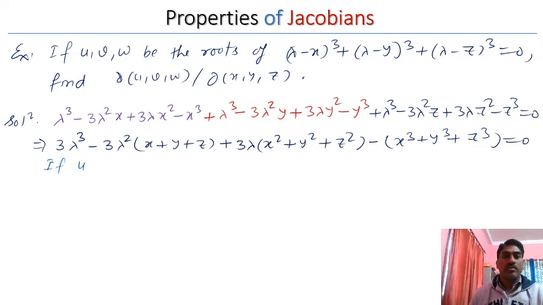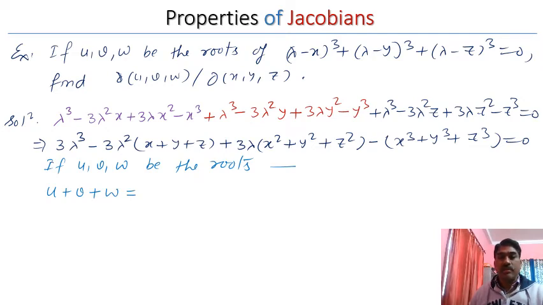If u, v, w be the roots of this equation, then you know the sum of roots u plus v plus w will become. So before writing this, let me revise. Remember that if ax cube plus bx square plus cx plus d is equal to 0, then the sum of roots is minus b by a, the sum of pairwise products of roots is c by a, and the product of all roots is minus d by a.